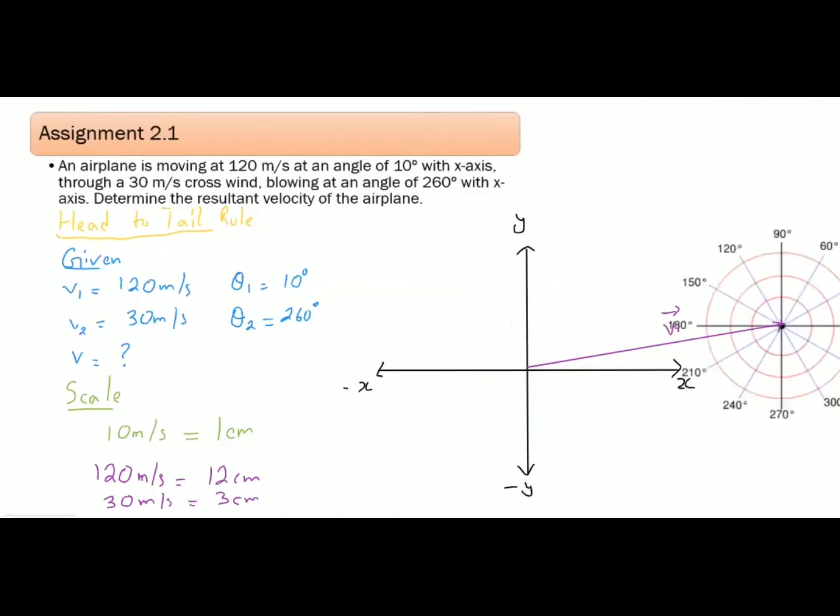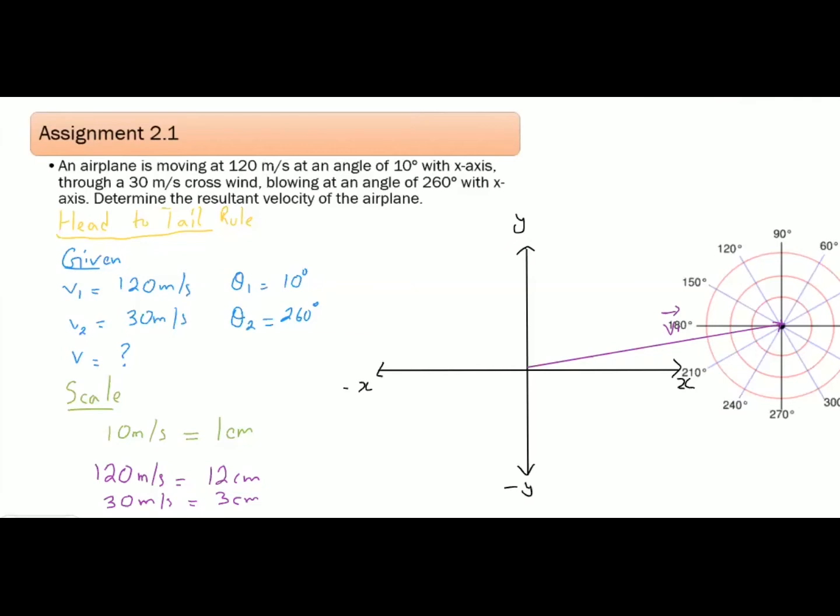So now from the head of the first vector, we will draw the tail of the second vector, that is equal to the magnitude of 3 centimeter, and it is going to make an angle of 260 degrees from the positive x-axis.